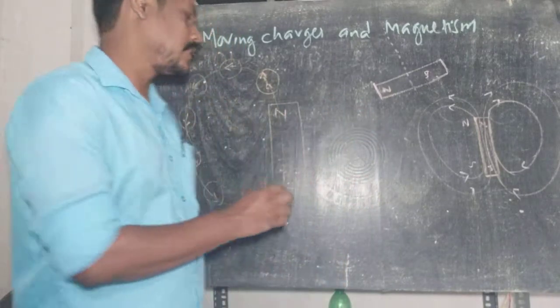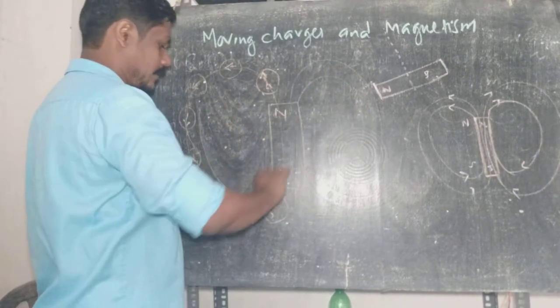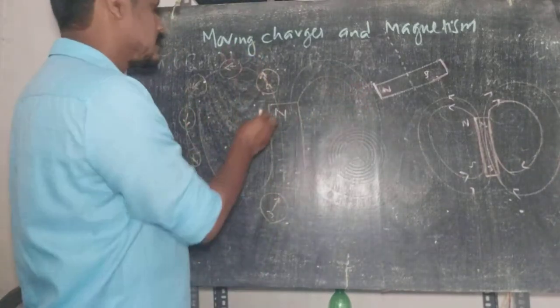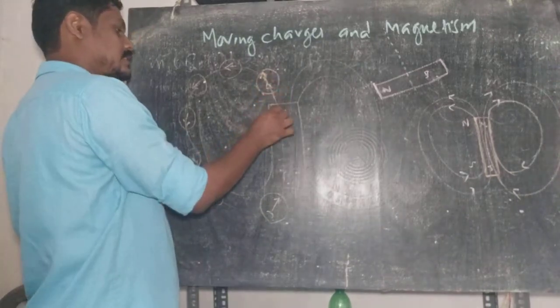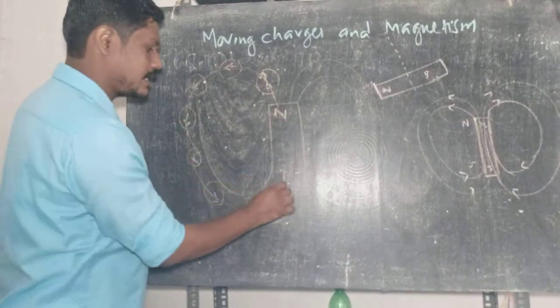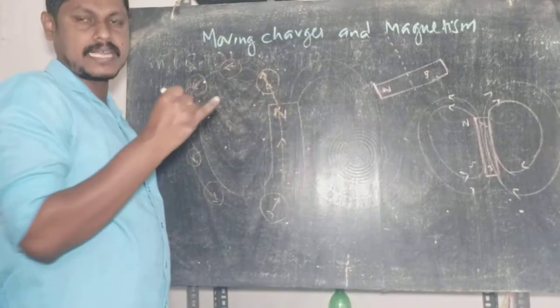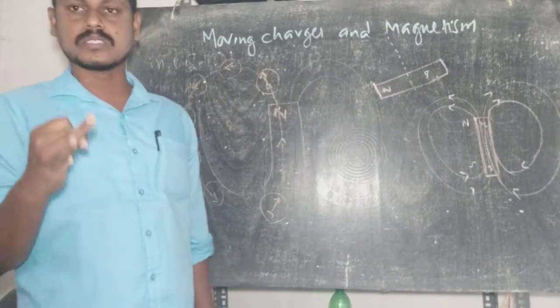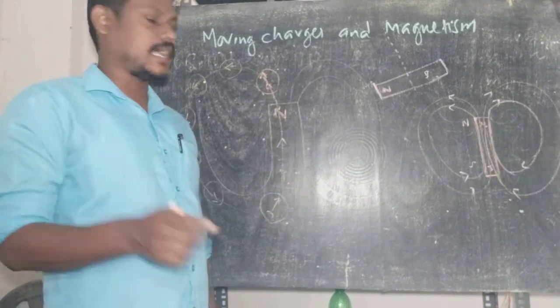We can have an infinite number of magnetic field lines around a magnetic material, and they show the direction north to south outside the magnetic material, and inside the magnet it is from south to north.